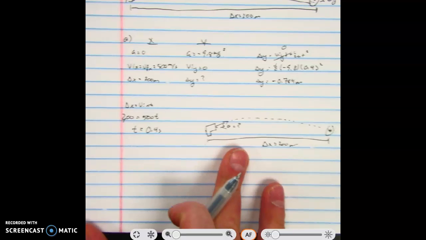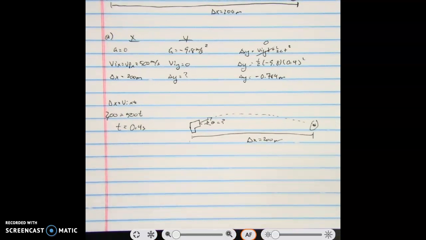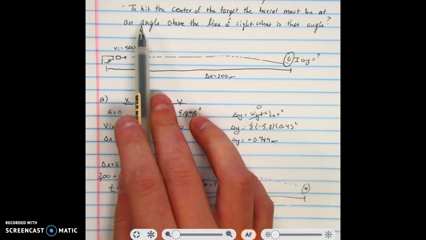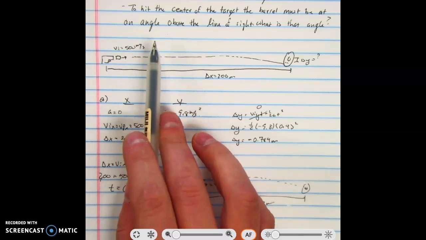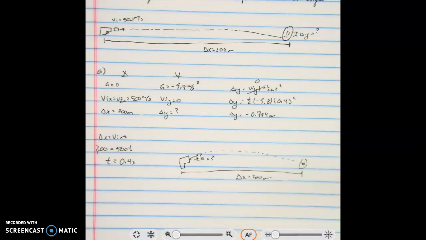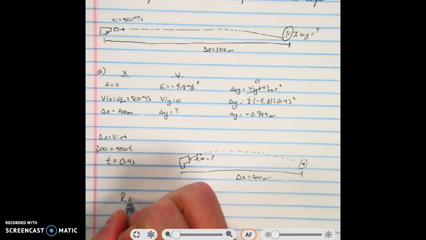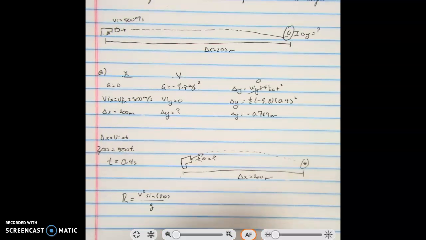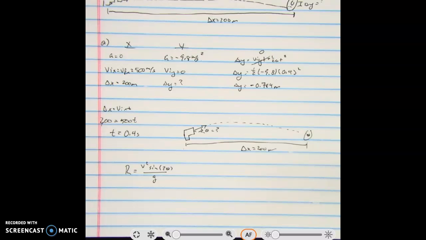If we think about this, this is another situation where we can use the range equation, because we want to orient this so that we launch it and have it hit the direct center, and have things stay level.